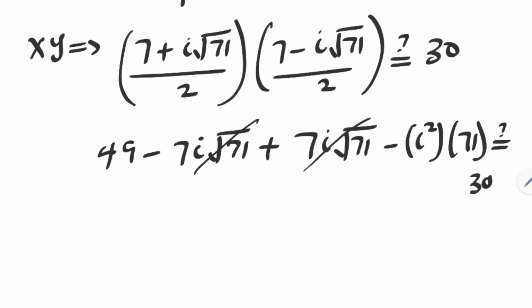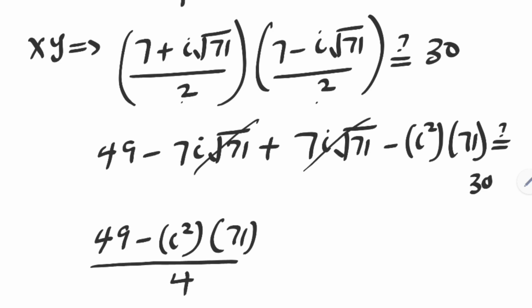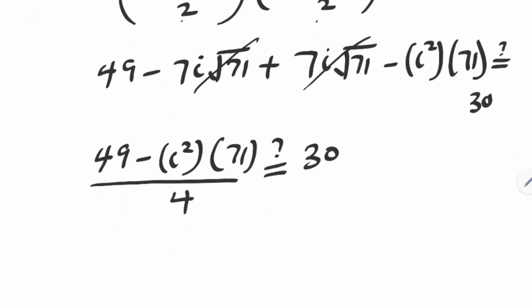This cancels this. 49 minus i squared multiplied by 71, then 2 multiplied by 2, this divided by 4 must be equal to 30.